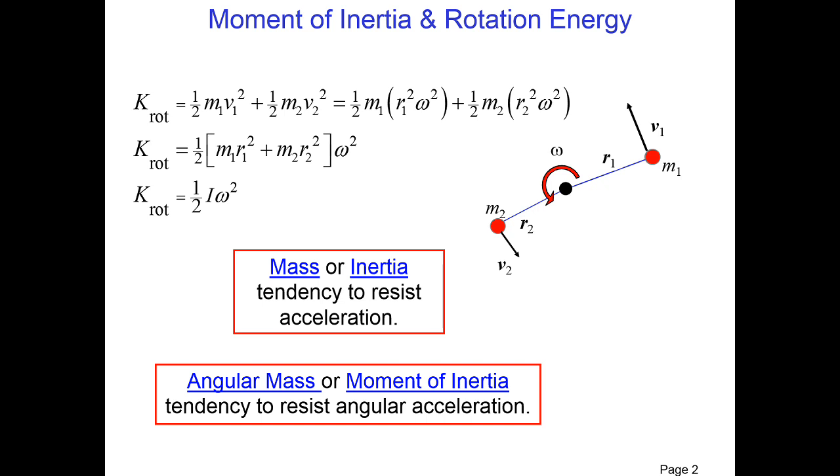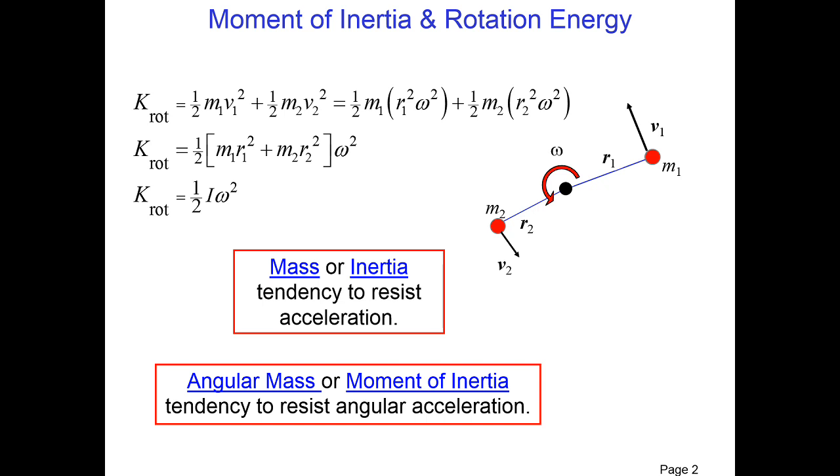So the point here is that the omega is the same for both, so we can change our rotational kinetic energy formula to 1/2 of mass 1 times radius 1 squared plus mass 2 times radius 2 squared, and then multiply that times omega squared.